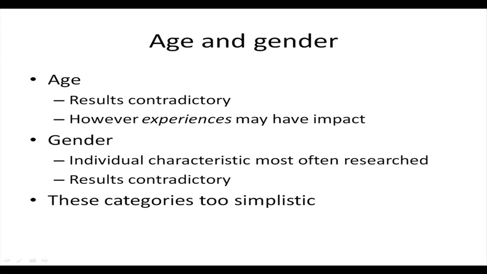There are research findings which are contradictory in nature with respect to how age helps, or whether there are differences in gender with respect to how it affects the process of taking ethical decisions.